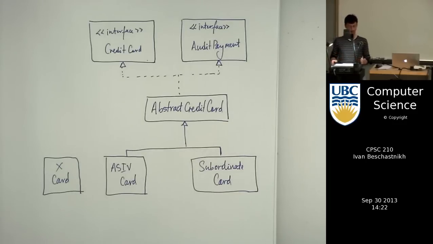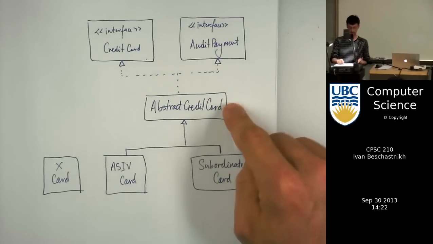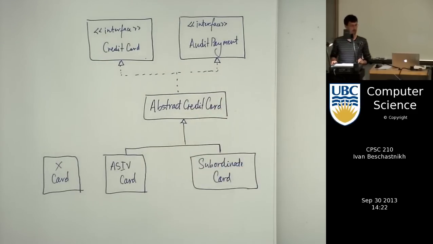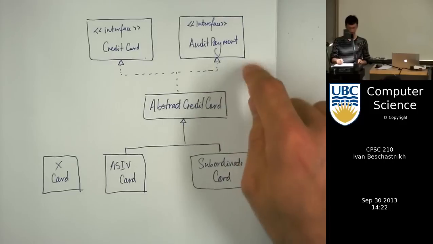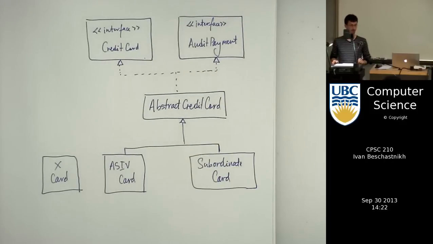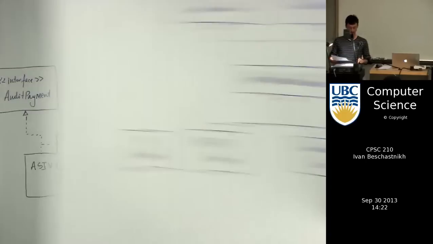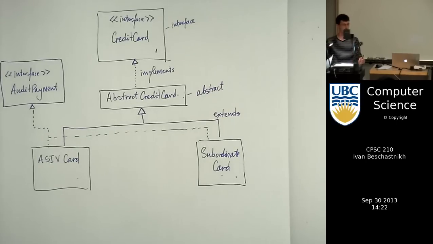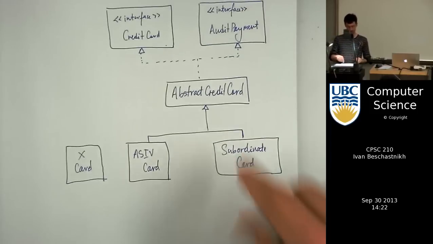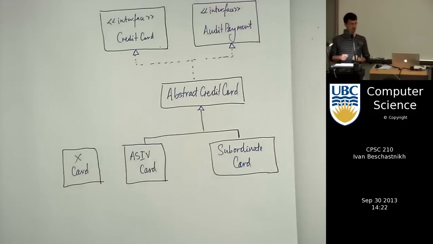Right now I'm stuck because basically what this says is that every credit card that subclasses abstract credit card needs to provide this implementation, needs to be auditable. So what I need to do is either go back to this world, with this hierarchy where I individually decide which card is going to implement this interface instead of just forcing it for all of them, or I create a new node in the middle for my type card.